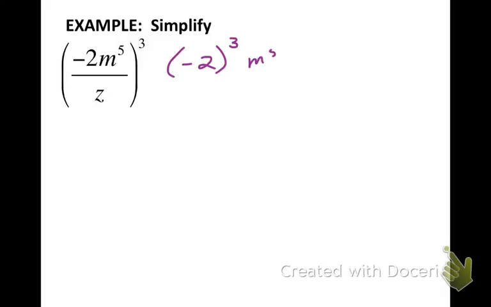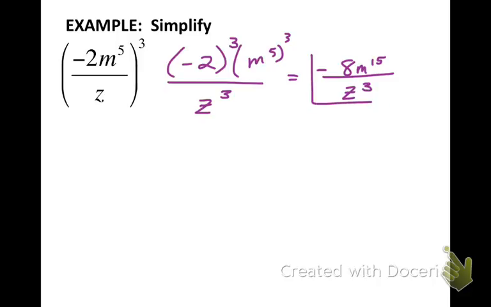And I'm going to take that m to the 5th to the 3rd power. And then I have to take the z, my denominator, to the 3rd power. So what do I get in the numerator? What's negative 2 times negative 2 times negative 2? Negative 8. And then m to the 15th, because power over power makes us multiply. And over z to the 3rd.